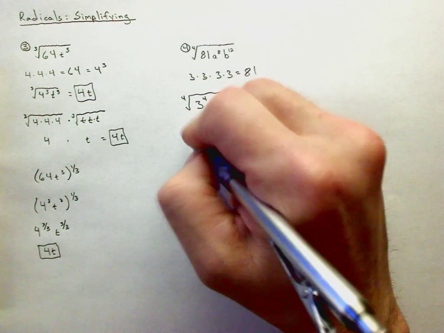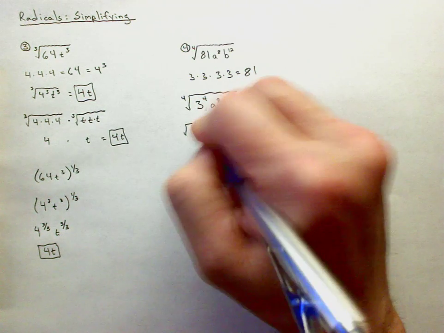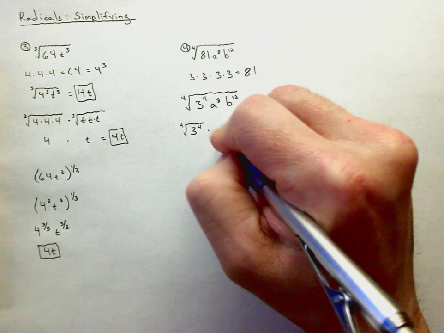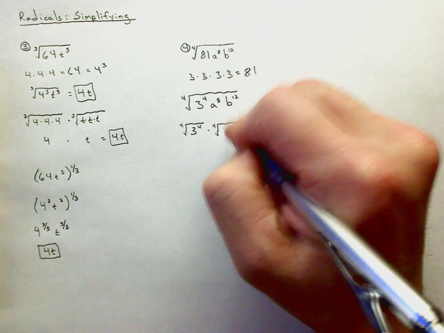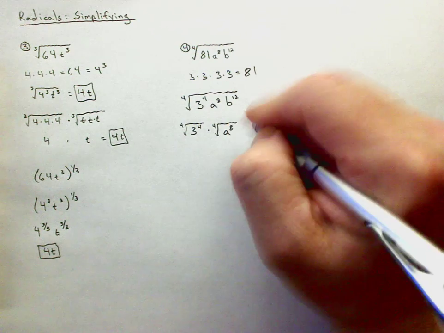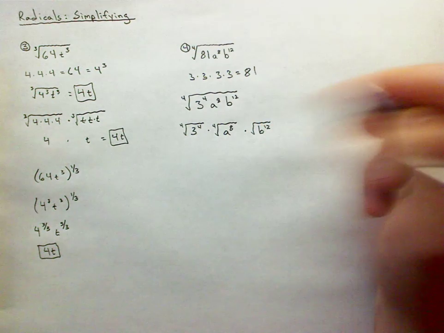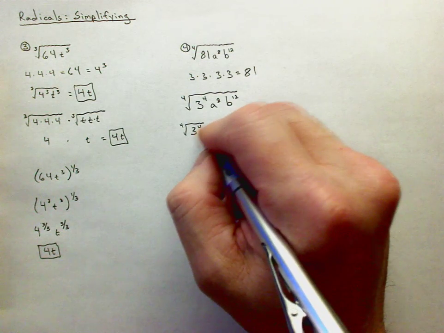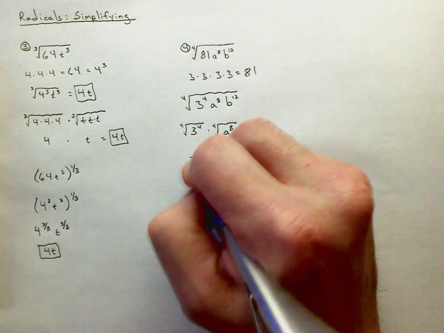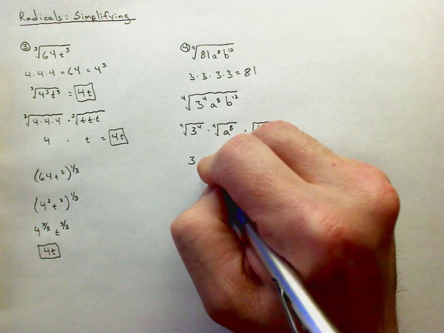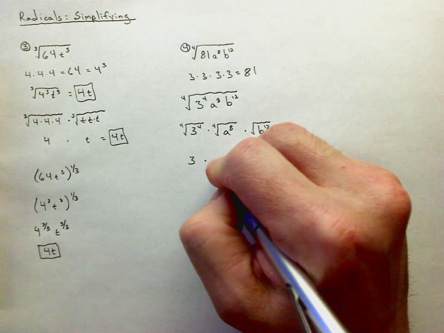But with this, let's break it down into different radicals using the product rule of radicals. Since there are 4 3's under this radical, that equals 3. And for this one here, I'll rewrite it as this.